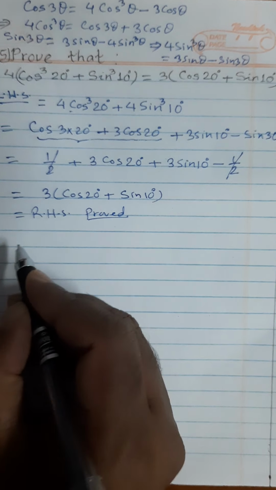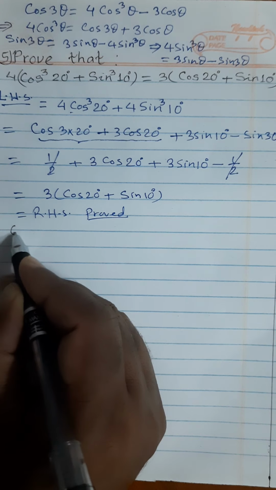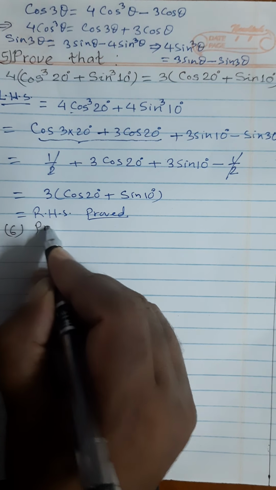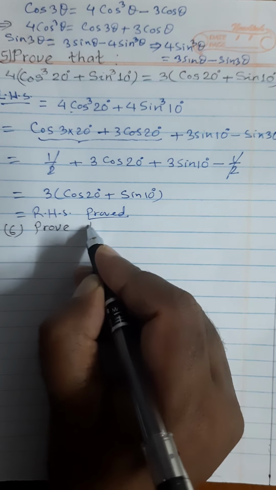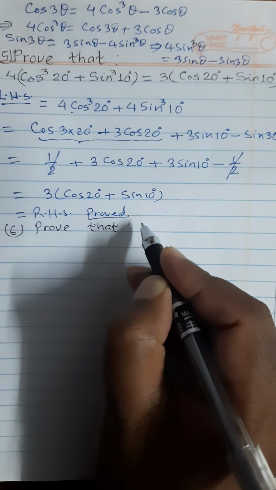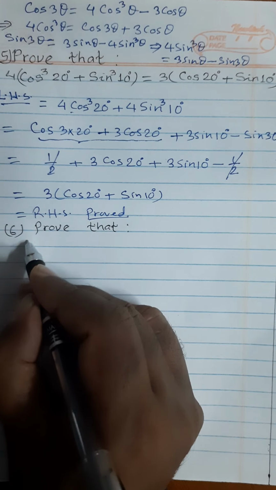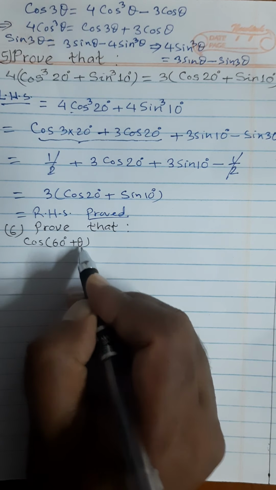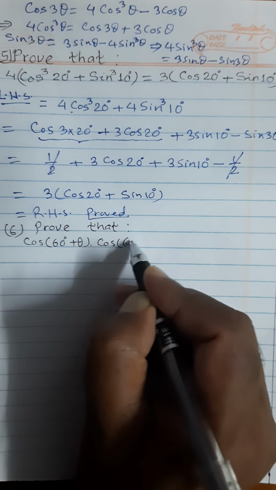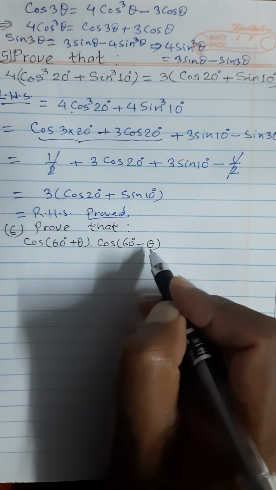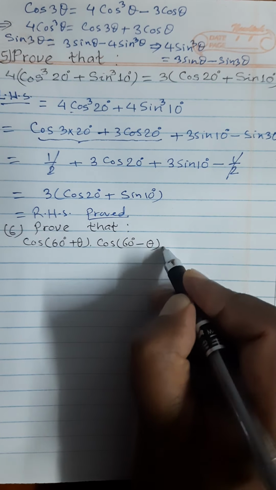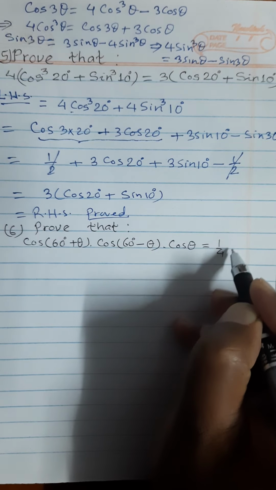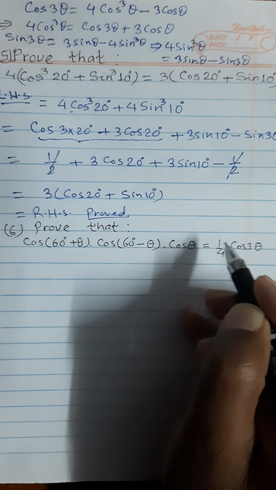So the next question is question number 6, and here we have to prove that cos 60 degree plus theta and cos 60 degree minus theta times cos theta equals 1 over 4 cos 3 theta.